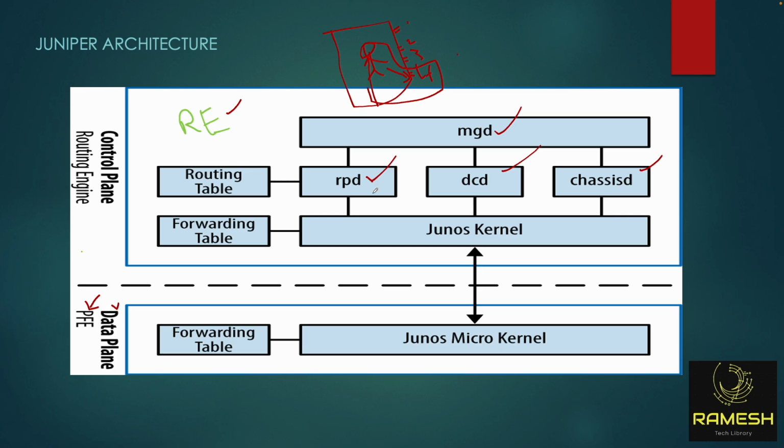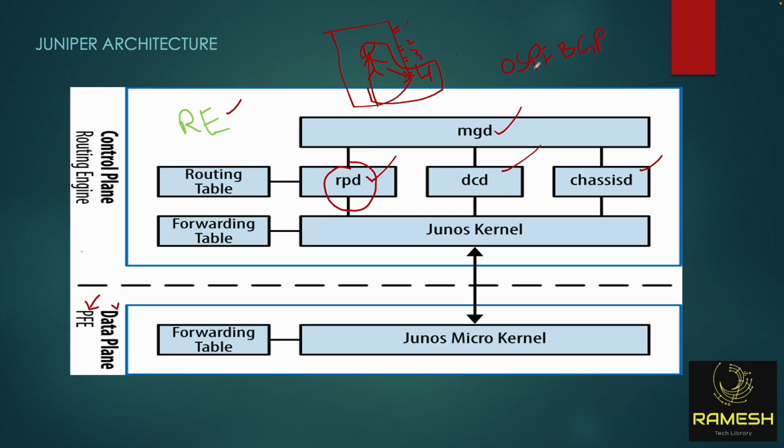If you configure any routing protocol, suppose in your Juniper router you are configuring OSPF or BGP or any routing protocol, who is responsible for processing all these things? RPD. In Juniper architecture, this is a daemon.